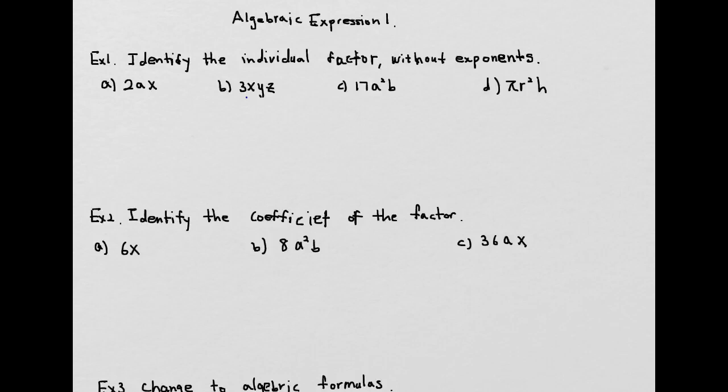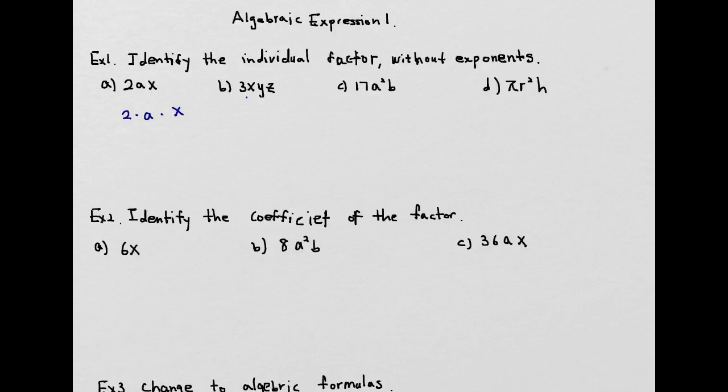So when we're looking at example A, how many factors are there? Well, you have 2 times A times X. A factor is a multiplication. So when you're looking at 2 times A times X, each multiplication becomes a factor.